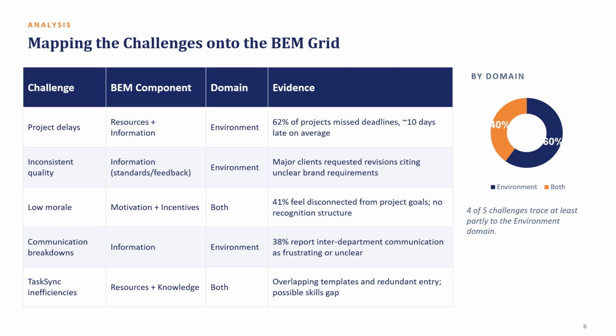And for the software workflow inefficiencies challenge, it has been mapped to resources and knowledge. Evidence is overlapping templates, redundant entry, and a possible skills gap. Overall, 60% of the challenges are environment, while 40% are both environment and individual.